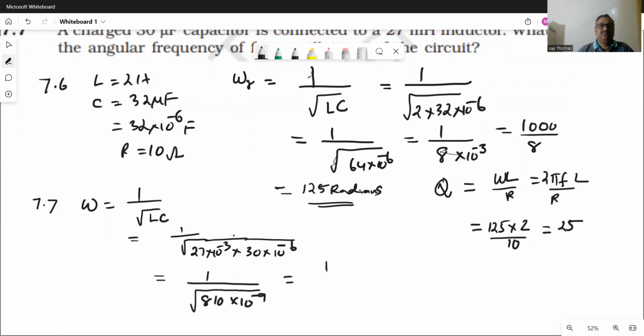So you write it as 1 by root of 81 into 10 to the power minus 8, adjusting the power. Now you can write 1 by 9 into 10 to the power minus 4.